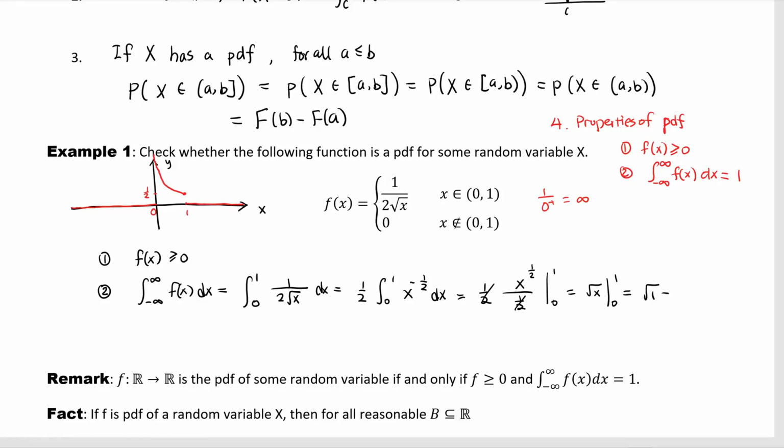The square root of 1 minus the square root of 0 is 1. Yay! So we actually proved that f is a PDF for some random variable X.